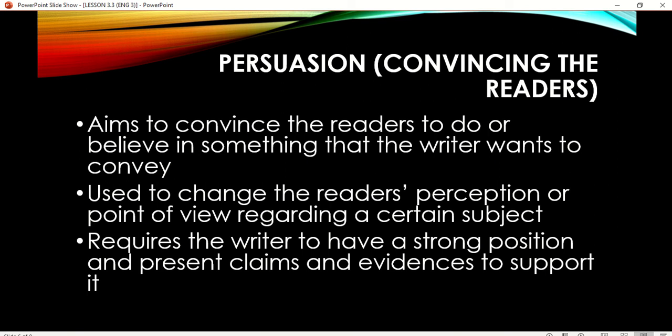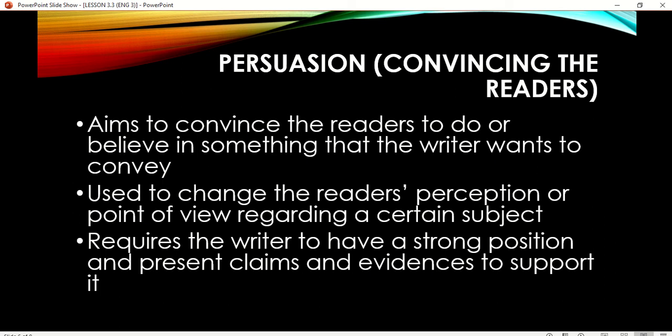For example, take the death penalty. If you want to argue for it, then you should have a strong position. Do you believe that the death penalty will be effective? Yes or no? You are not allowed to say maybe. Maybe is not an option. Why? How can you sell something if you yourself are not sure of what you are selling?